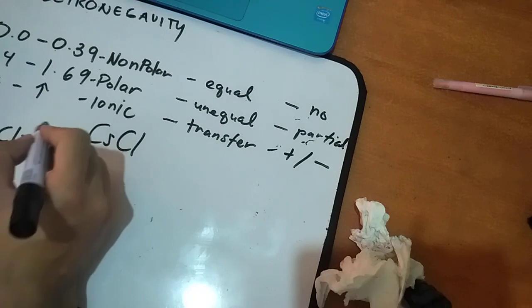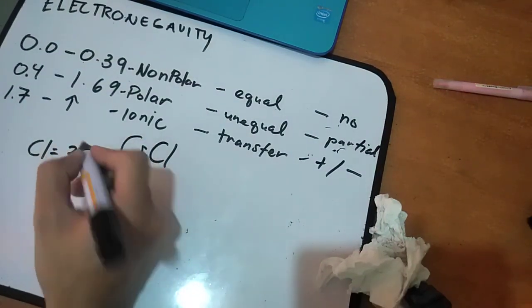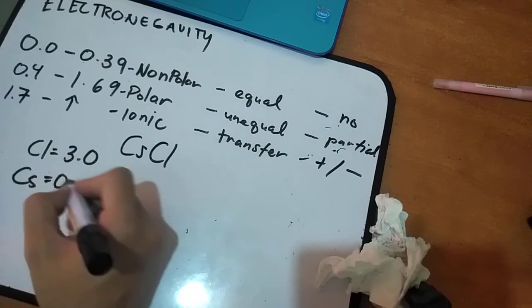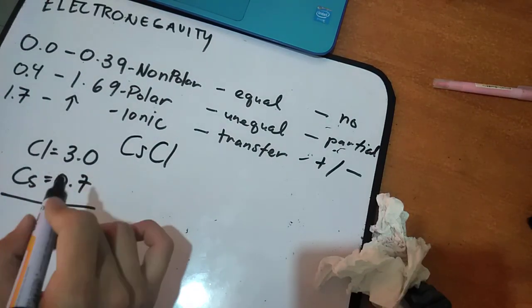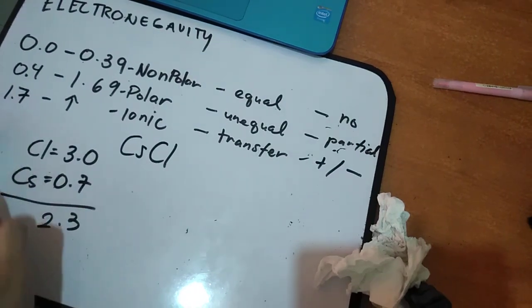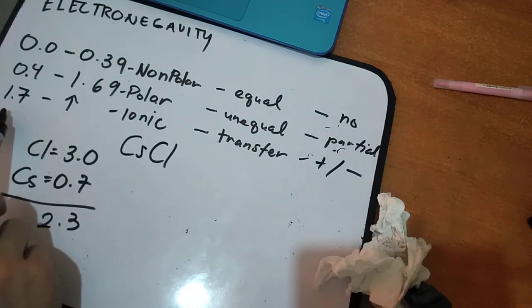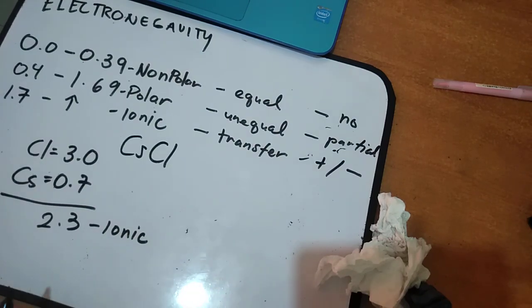Chlorine's electronegativity value is 3.0, while cesium has an electronegativity of 0.7. So, simply subtract. So, that would be 2.3. So, check the reference values. It's greater than 1.7. Now, you could call it an ionic compound. And that is your electronegativity values.